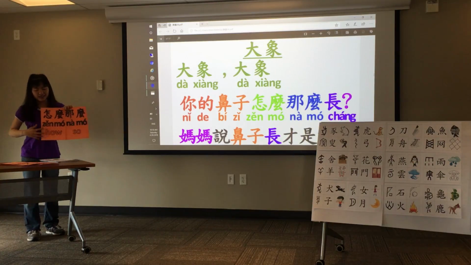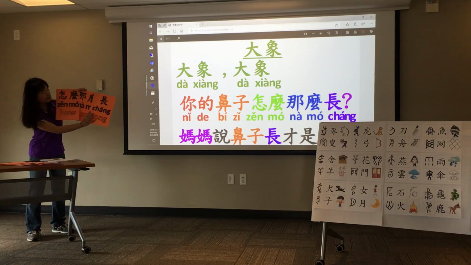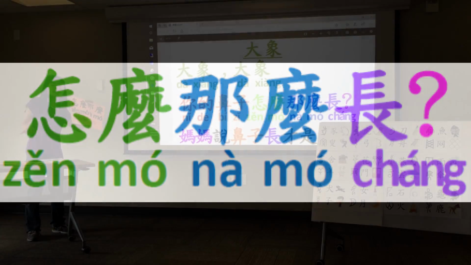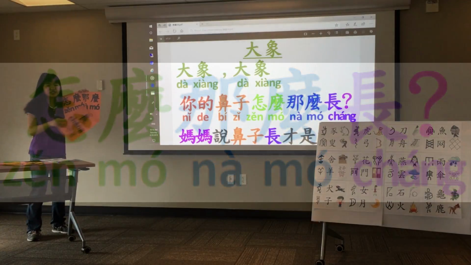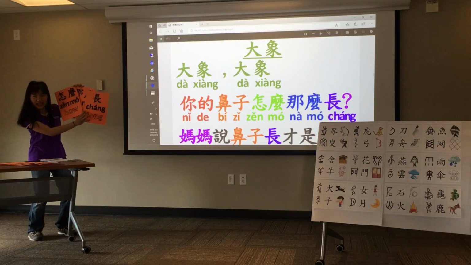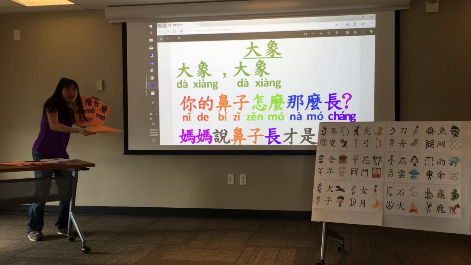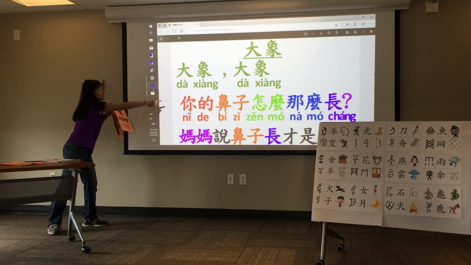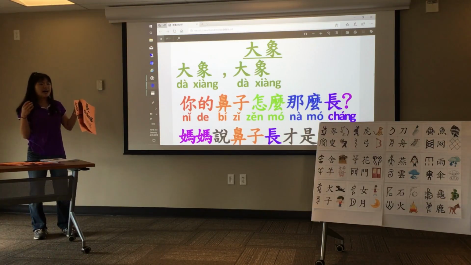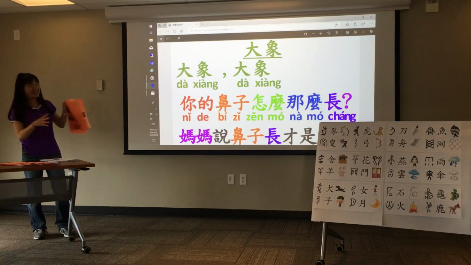So the words are 怎么那么长? 怎么 is how or how come. 那么 is so, and 长 means long. So 怎么那么长 means how come it's so long. And together with 你的鼻子, which means your nose, that second line means how come your nose is so long.